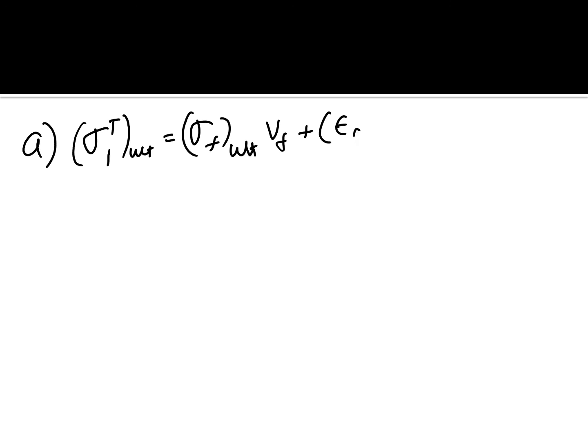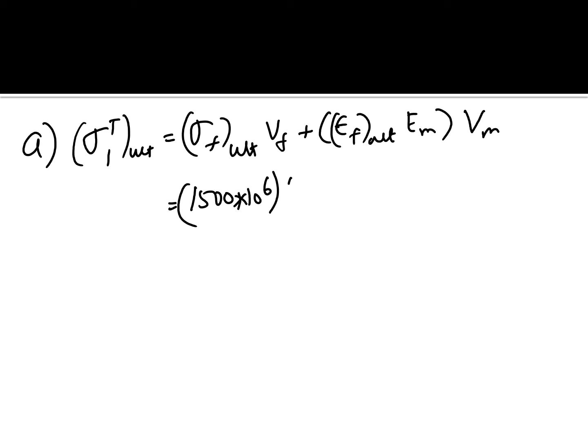So part A, we already know the formula for the ultimate strength in the direction parallel to the fibers, given by this formula right here. The ultimate strength of the fiber is 1500 megapascals. The volume fraction is given as 0.6. Then the ultimate strain of the fiber is this, which we found just recently.